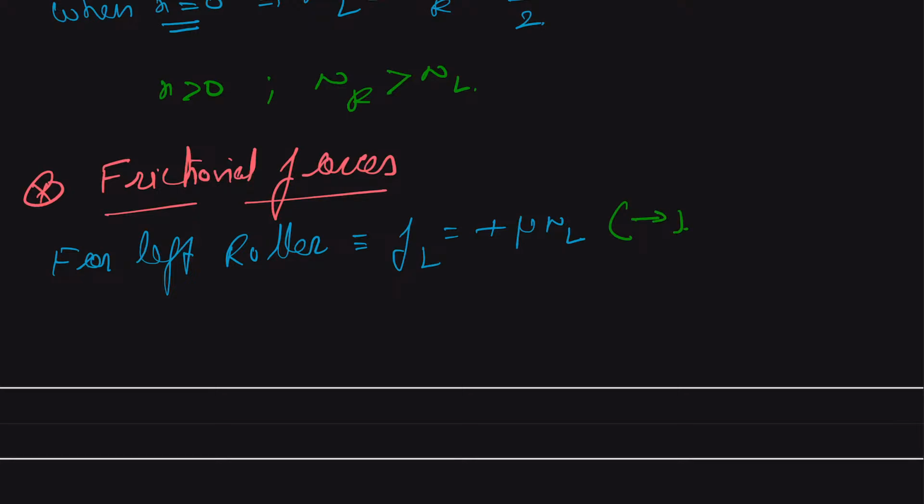And we have our right roller, so this will be friction to the right. Friction of the right roller will be equal to minus mu N_R, and its direction will be towards the left. Okay.